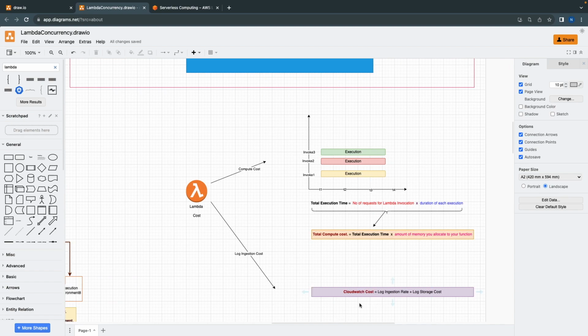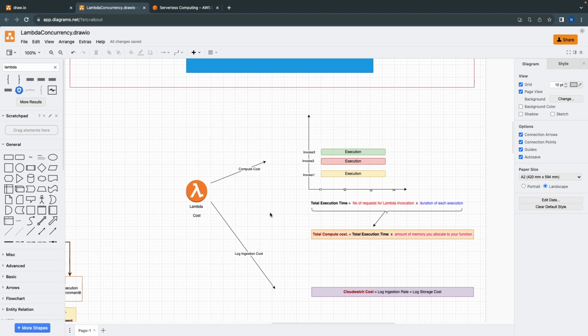The CloudWatch cost would also increase because of the sudden increase in the ingestion rate of the log that we are pushing, and anyway we would keep that log for the retention period duration, so you would also have that cost. So if there is a sudden, unintentional spike in your lower environment, there are very high chances that we would end up with a lot of AWS expenditure on the Lambda function.